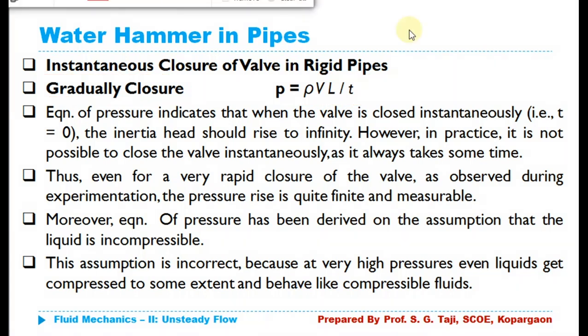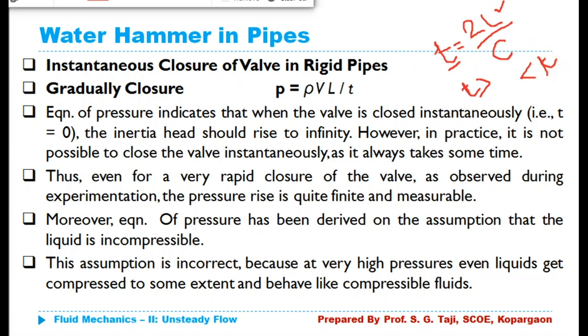We considered one equation, T is equal to 2L upon C, where C is the velocity of the pressure wave, T is the time taken for closing the valve and L is the length of the pipe. If T is greater than 2L by C, the valve is said to be gradually closed, and if T is less than 2L by C, then the valve has been closed instantaneously.